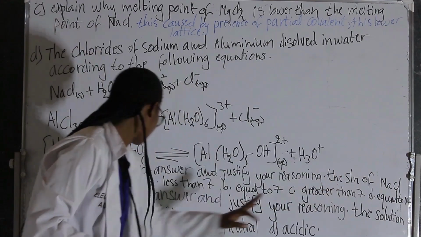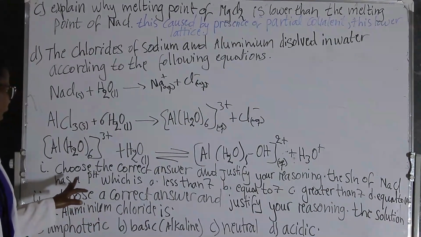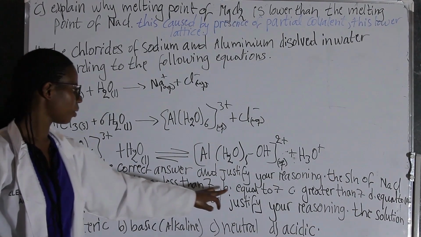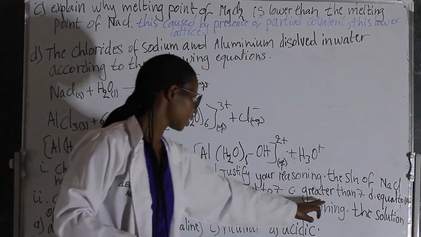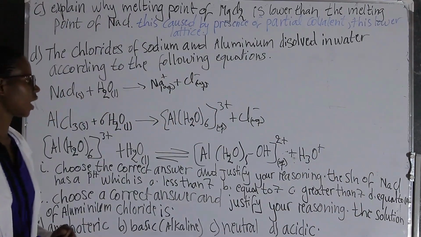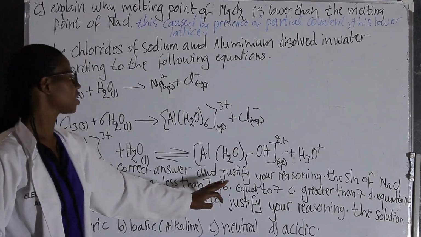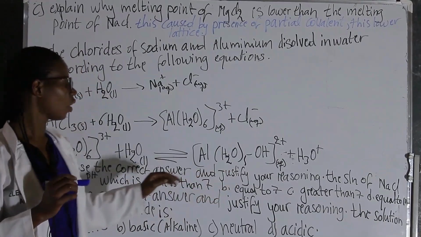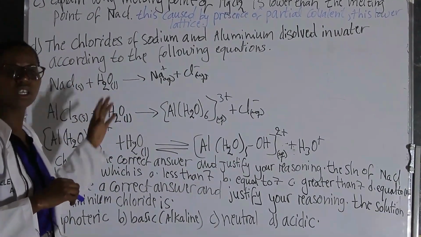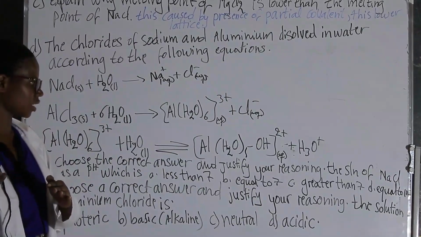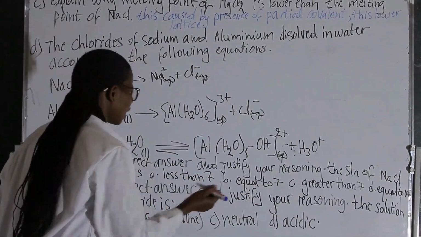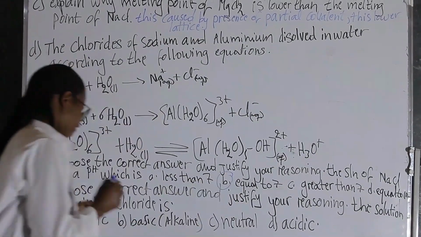The solution of sodium chloride has a pH which is A, less than 7, B, equal to 7, C, greater than 7, D, equal to 10. The correct answer is B. It is equal to 7, because sodium chloride is formed from a strong base and a strong acid. That's why the pH is equal to 7.